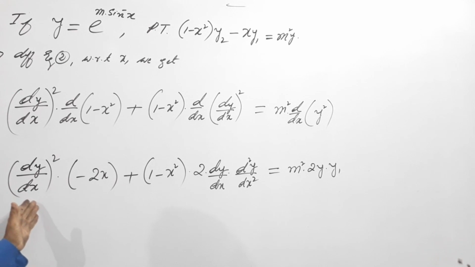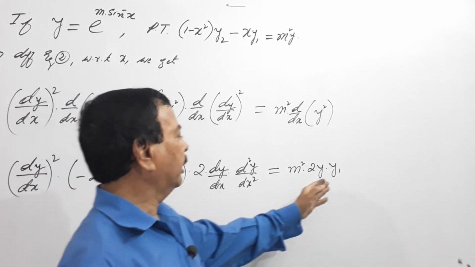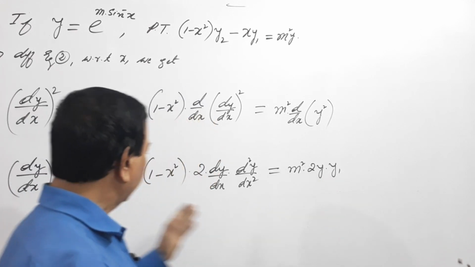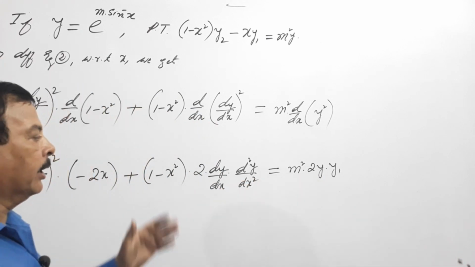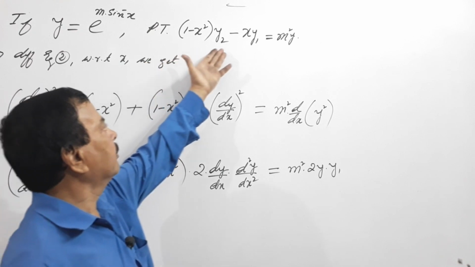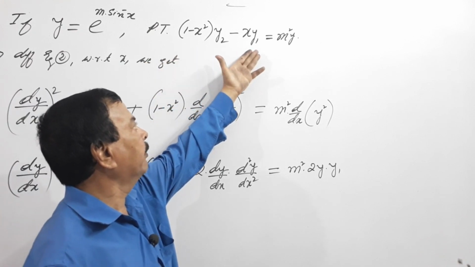So here we have dy by dx, and here we have in terms of y1. So either you change throughout by y1 or dy by dx is retained. What I do is, he wants everything in terms of x, y2, y1 and y.